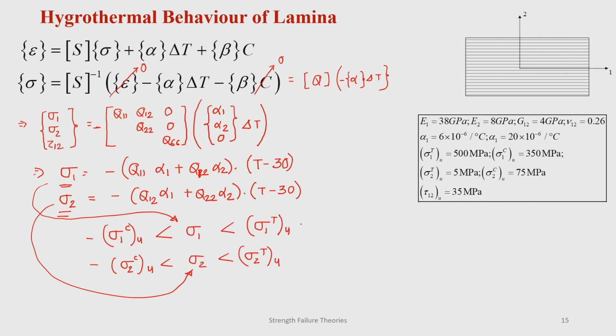The only thing which is unknown is T, all other values are known. So, this will give us the maximum T it can withstand for safety. Here also we can find out the maximum T we can withstand. Therefore, the minimum of these two will be the maximum temperature it can withstand before it fails.